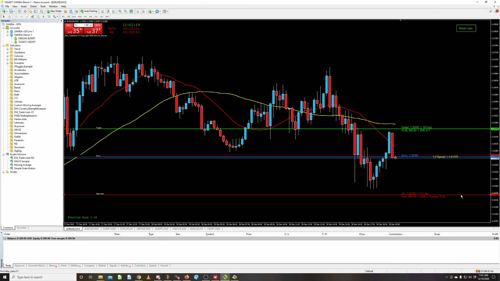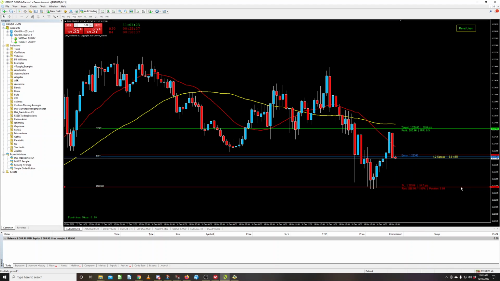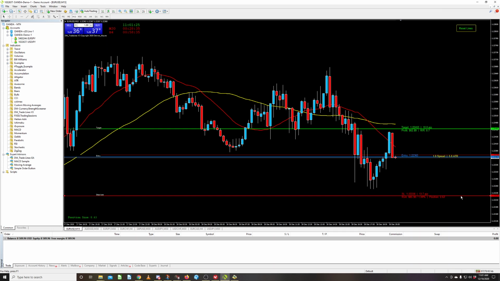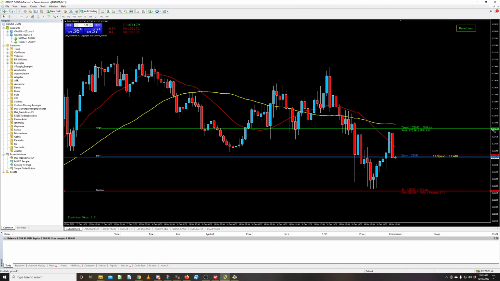So as I move this, the position size updates as I move it, but the number of dollars and the percentage of my account does not.